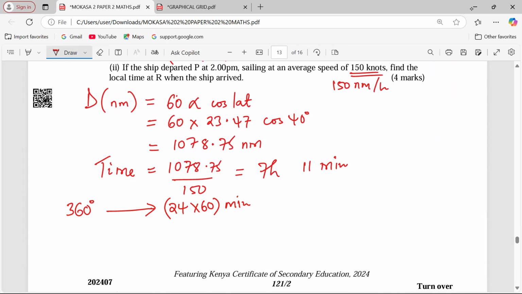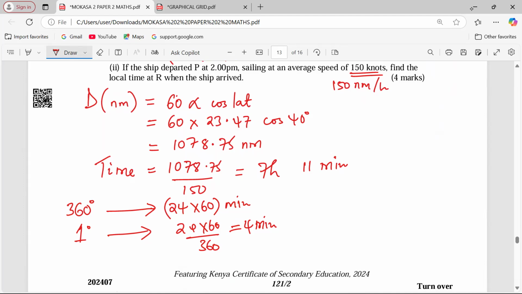What about one longitude of 1 degree? It is 24 by 60 times 1 over 360. This gives us 4 minutes. So there is a 4 minutes time difference within every 1 degree.